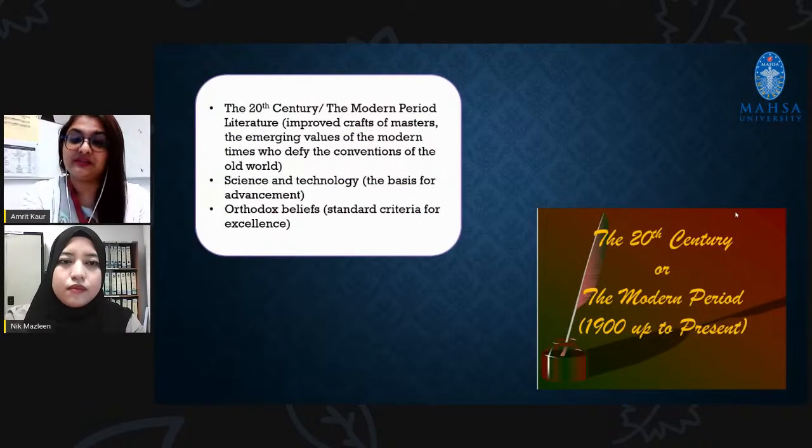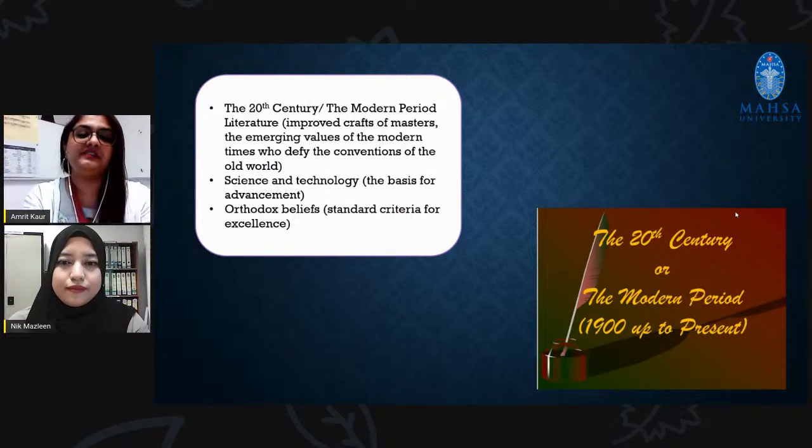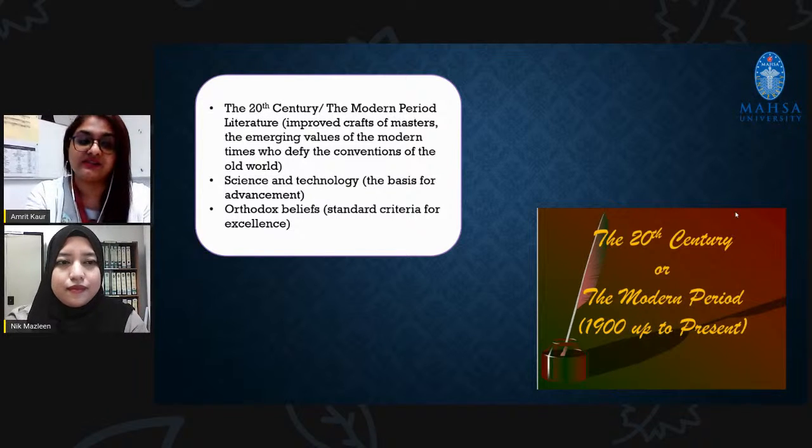And the last but not least, the 20th century, which is called the modern period. Literature of this period exemplifies the improved crafts of masters. The novel has flourished and writers have risen not only to popularity but to distinction as well.